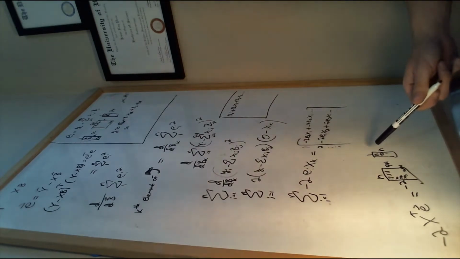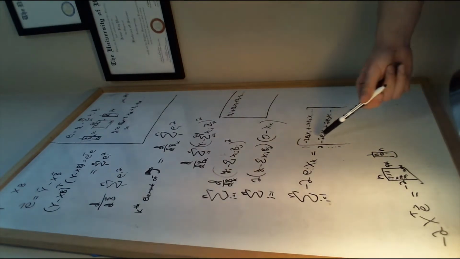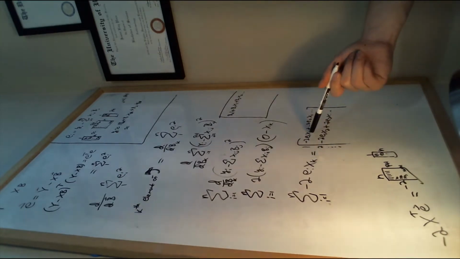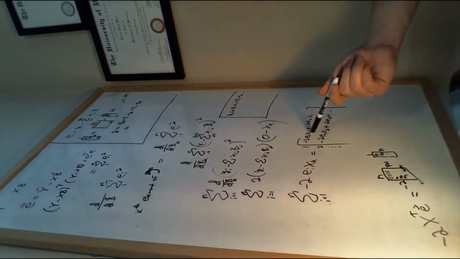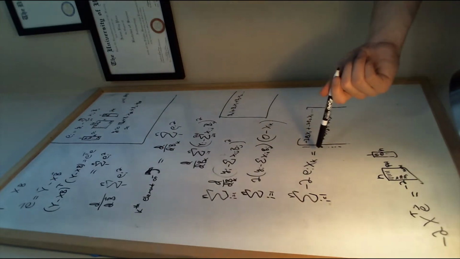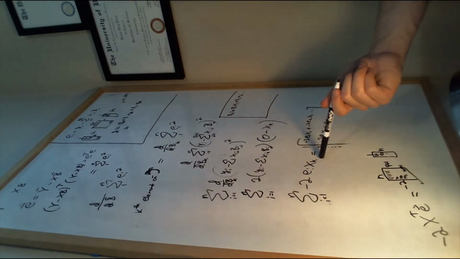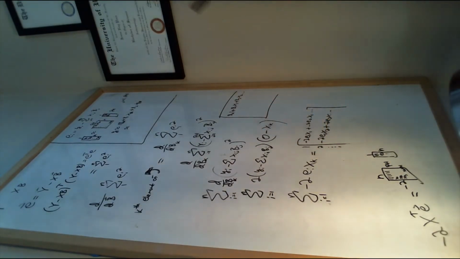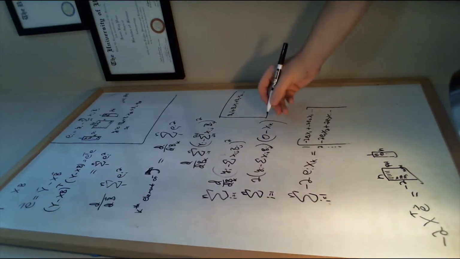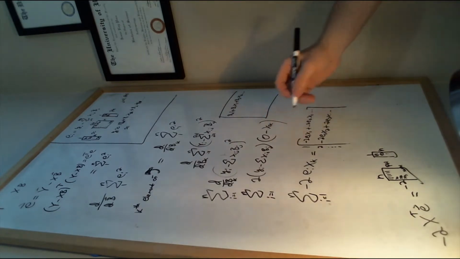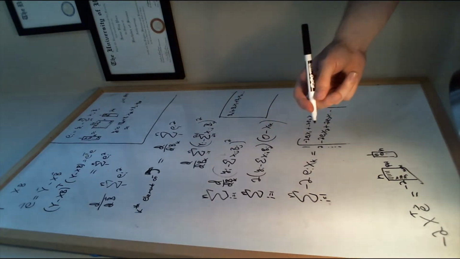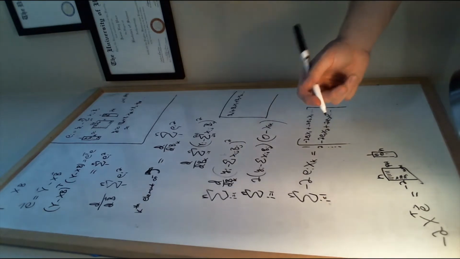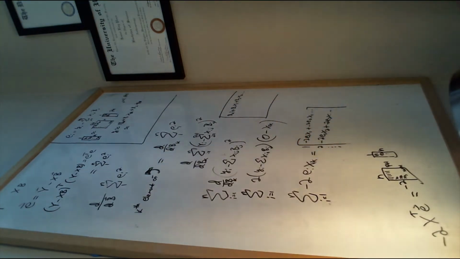Sorry, remember this was for a fixed i, as we were talking about earlier. And i is the index that goes from 1 to n.